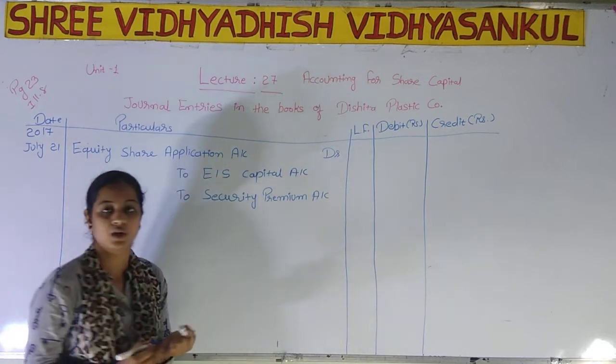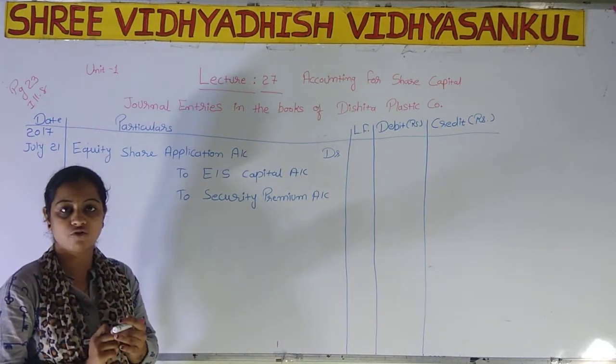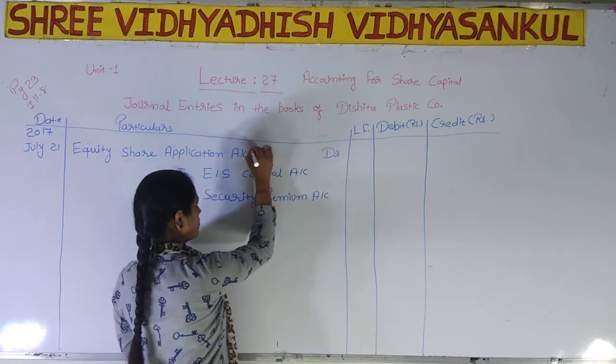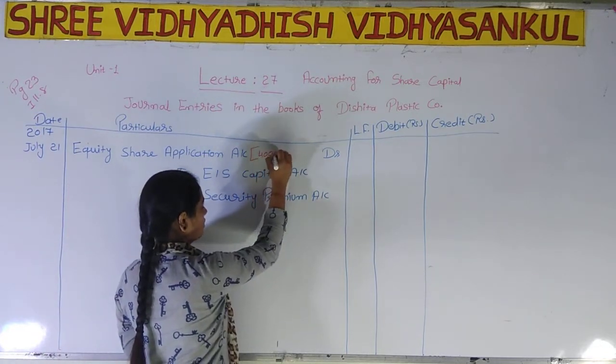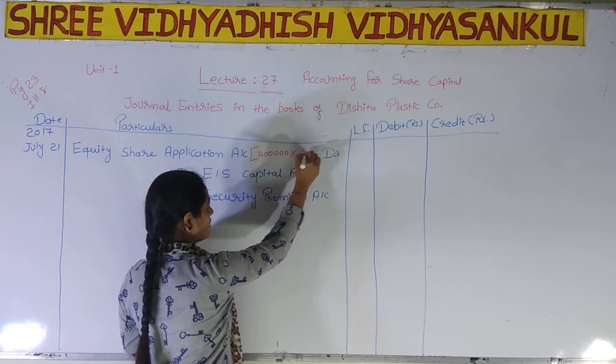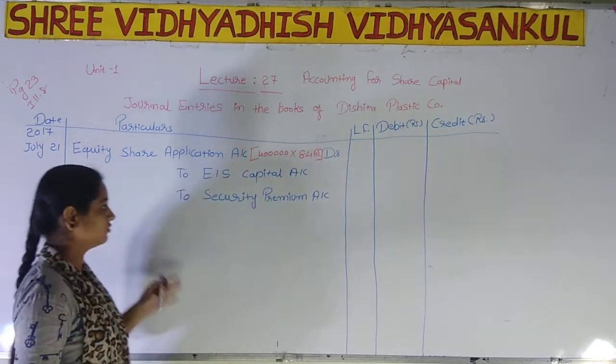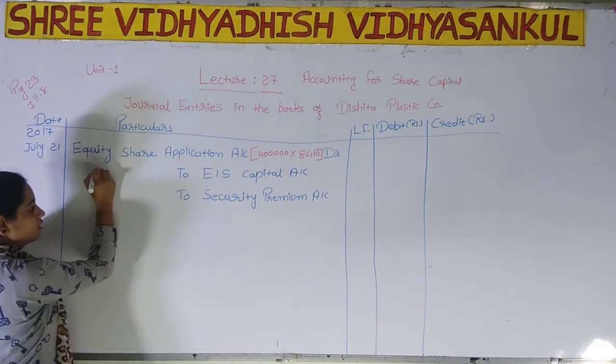Right? See, in total we have demanded 84 rupees from 4 lakh equity share applications. So 4 lakh equity shares into 84 rupees. Out of that, 4 rupees is for capital.